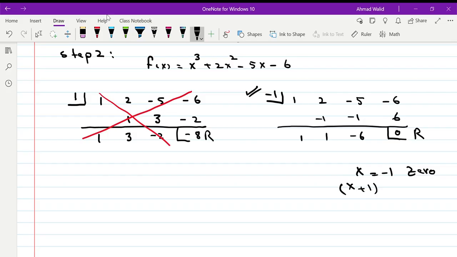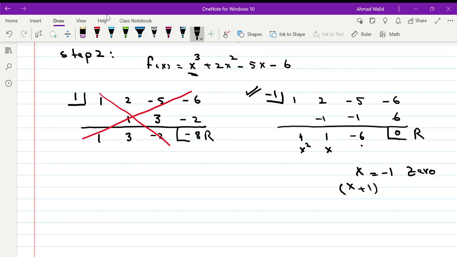Because if you put x plus 1 equal to 0, it gives you x equal -1, which is the zero of the polynomial function, correct? Then one of my factors is x plus 1. What is left here? Look, your polynomial function starts with x cubed. Here, this is x squared, this is x, and this is your constant term.